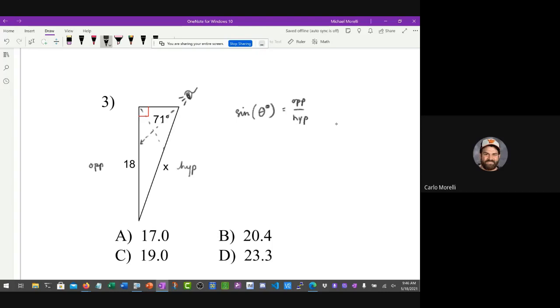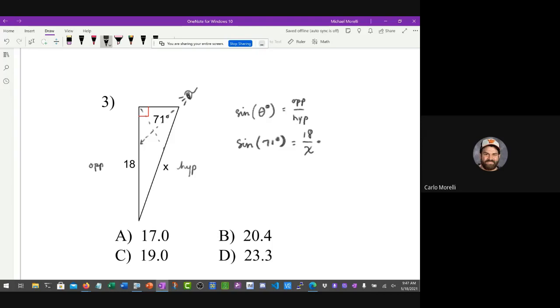Our angle is 71 degrees, so we say the sine of 71 degrees is equal to 18 over x. But this time we have to get x by itself, so we've got to do some clever work. This is a two-step process.